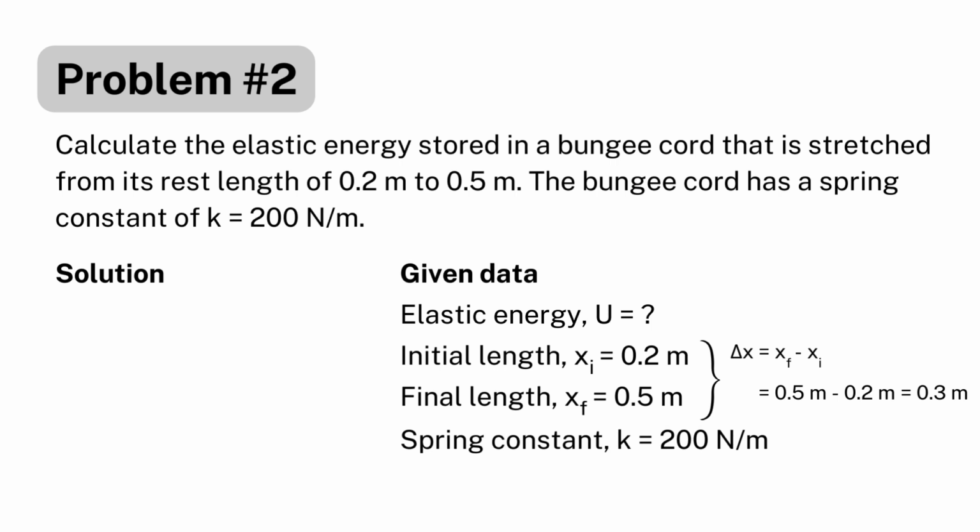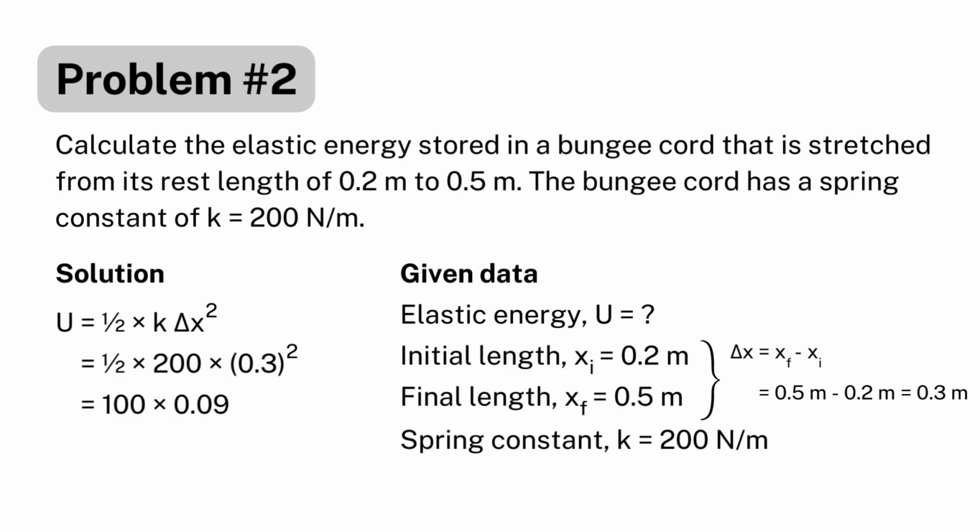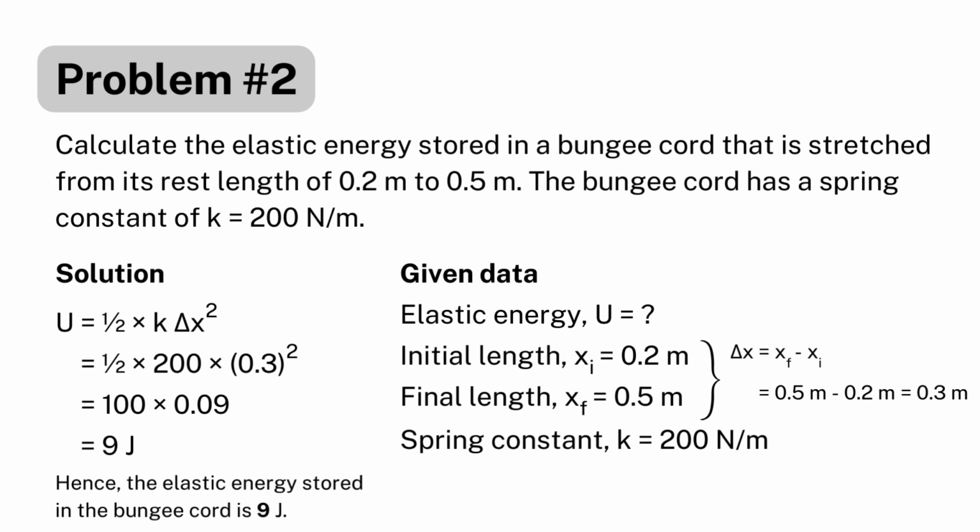When we place the given values into the equation U is equal to half times K delta x squared, the calculation becomes U equals half multiplied by 200 multiplied by 0.3 squared, which further becomes U is equal to 100 multiplied by 0.09, and we get the value of U as 9 joule. Hence, the elastic energy stored in the bungee cord is 9 joule.